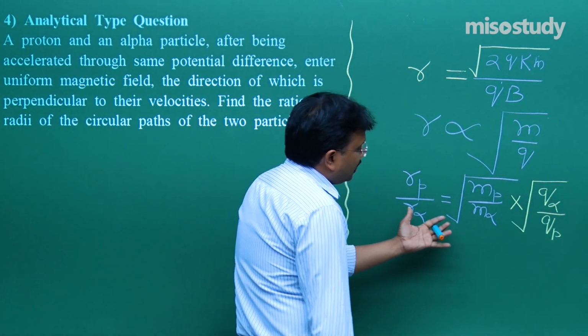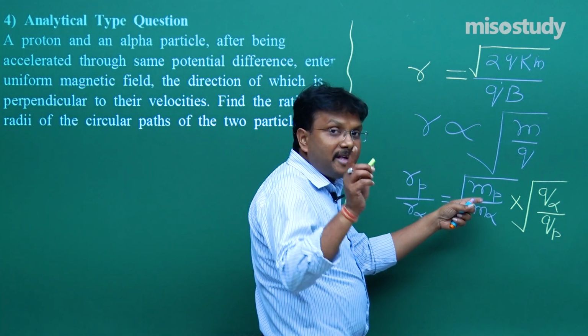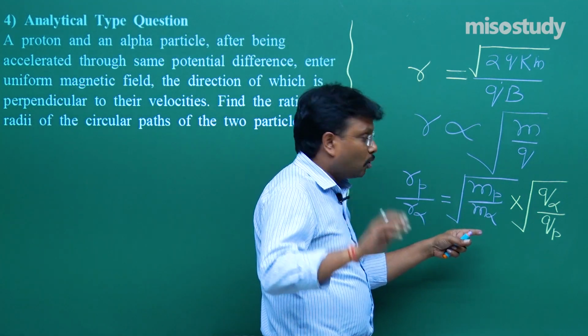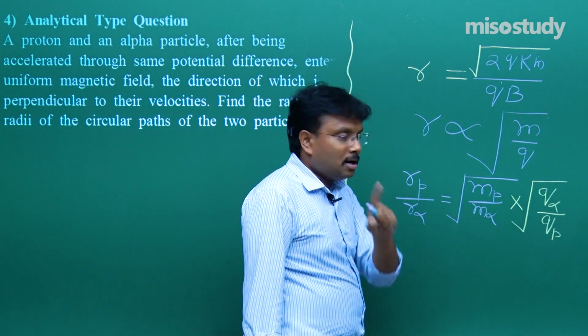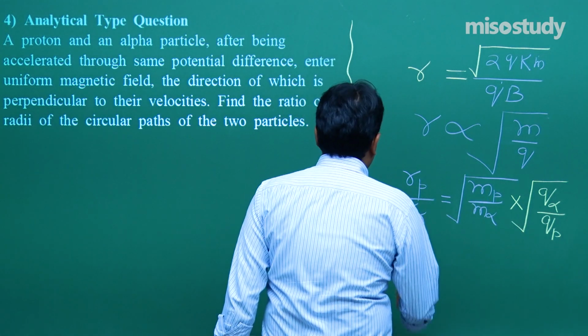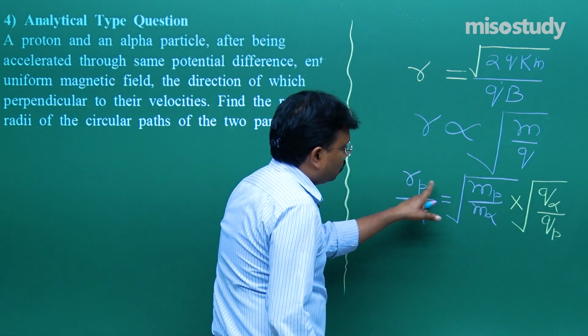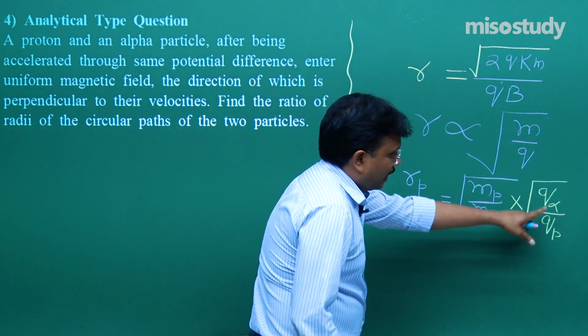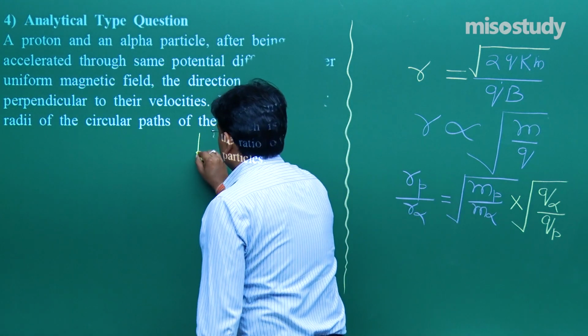Now you can easily find out by putting the values: Mp means M, M alpha means 4, Q alpha means 2 and Qp means 1. So by solving it, this ratio is 1 by root of 1 by 4 into 2 by 1, that will give you 1 by root 2.